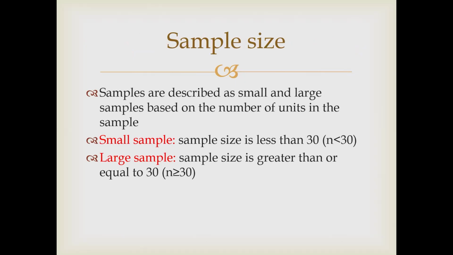We are concerned about the optimum sample size, which will be representative of the population and which will give you reliable data. So we are not looking for small sample or large sample. We are looking for optimal sample size.